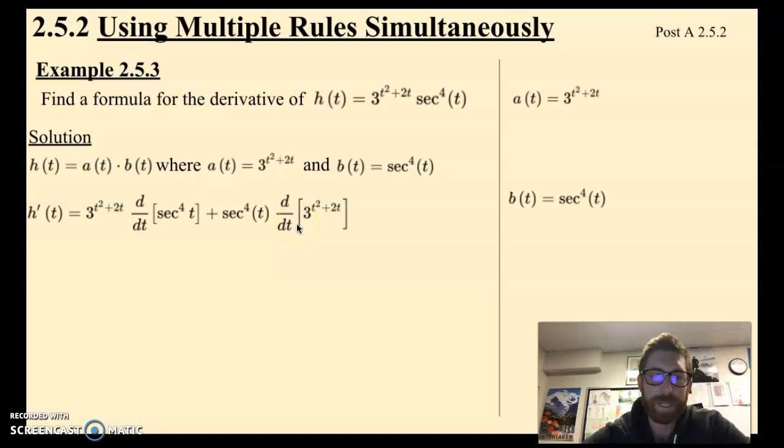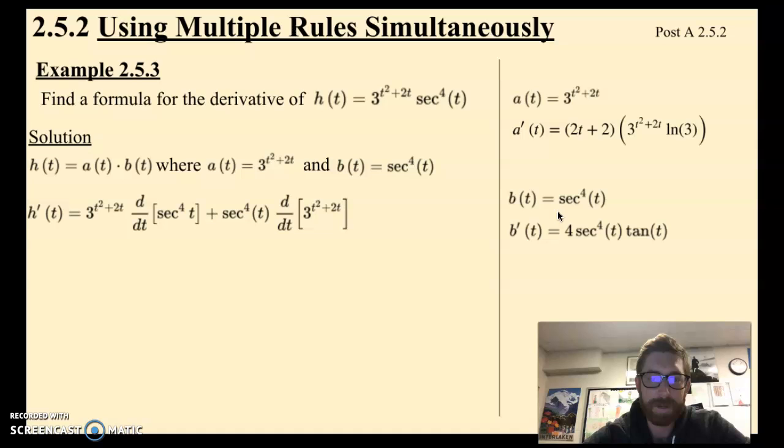And then we can use what we just found, a prime and b prime, and plug them in to what we need, right? So a prime is going to be plugged in right here, and b prime is just going to get plugged in right here. So it's nice getting the work done ahead of time so that you can just plug them in. You don't have to think very much.